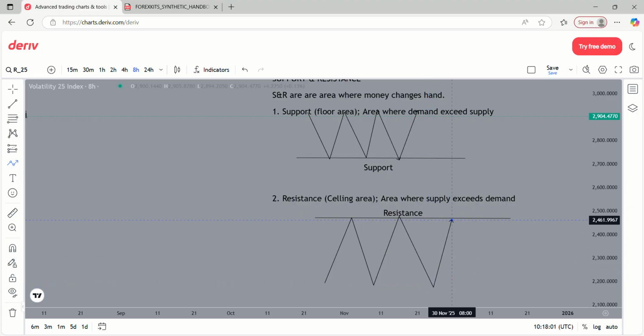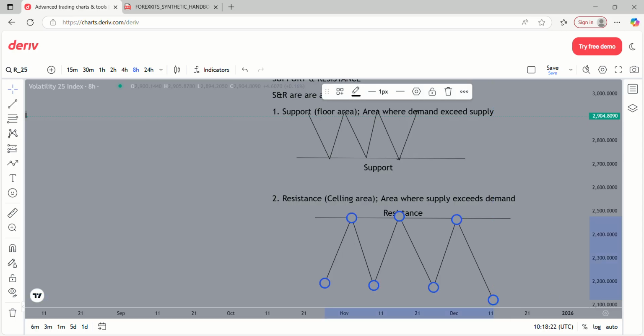So this tells you that a lot of sellers in the market are selling from this point. So if you are not able to get in at the first touch, you can get in at the second touch as a sell opportunity for you. And if you are not able to get in at the second touch, you can get in at the third touch. So these are opportunities for you to sell in the market, right? So that is what we call the resistance.